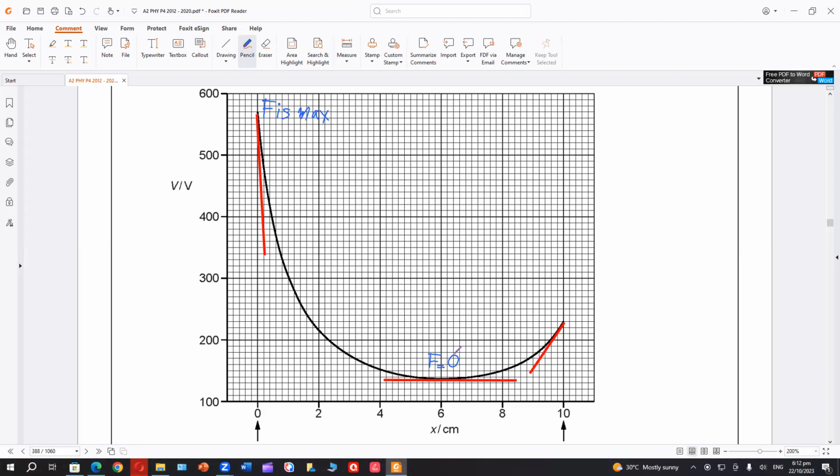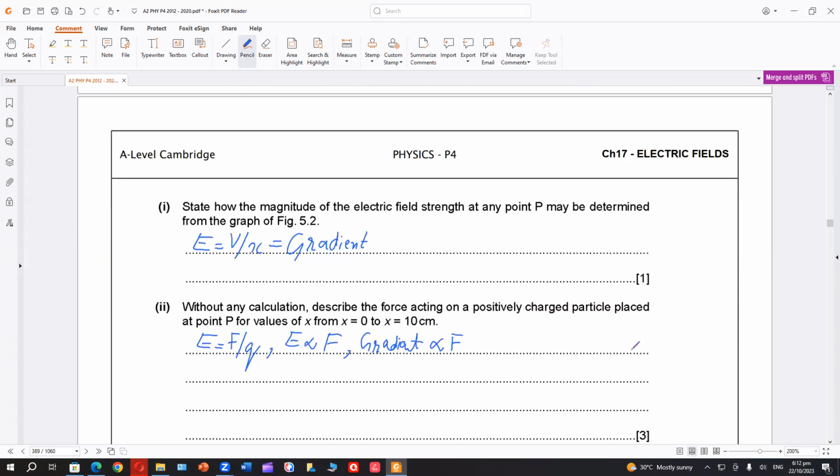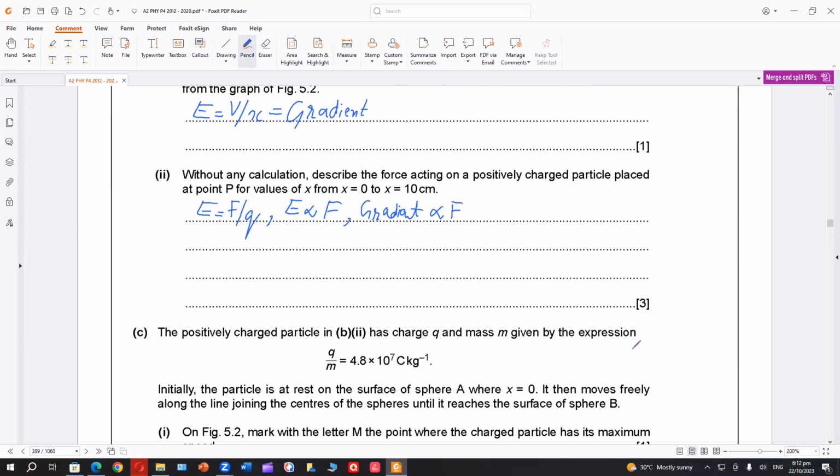What about the last, x equal to 10? Here you can see x is equal to 10. Force is negative. So we made our plan, we made our discussion, and we can write it here.